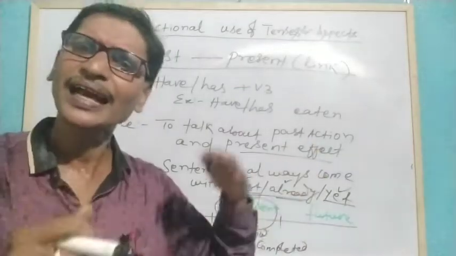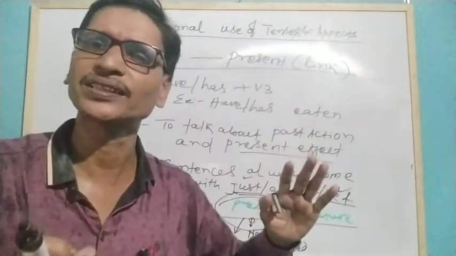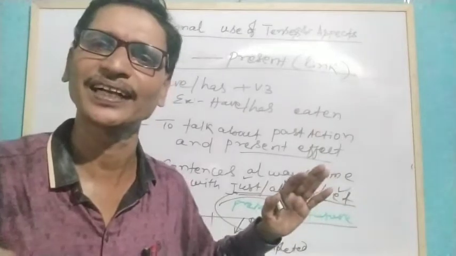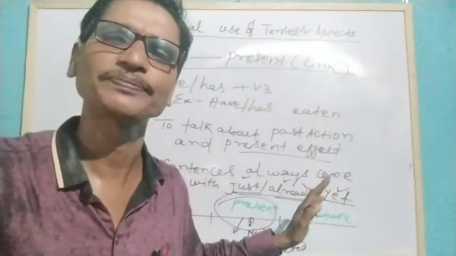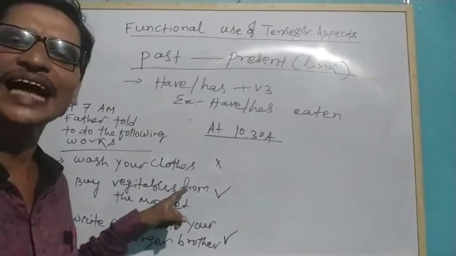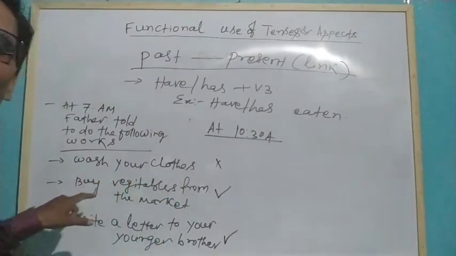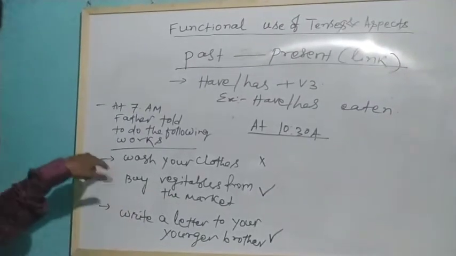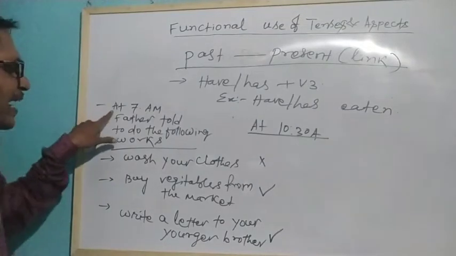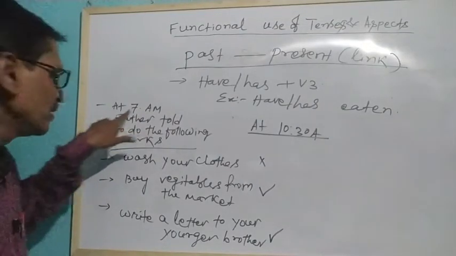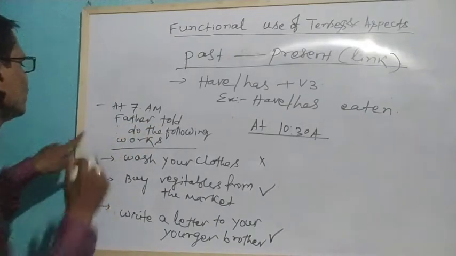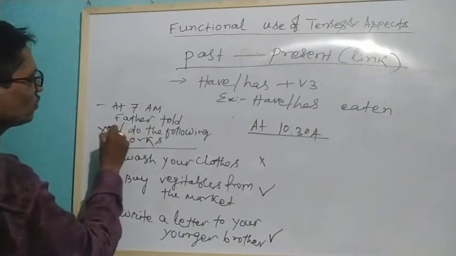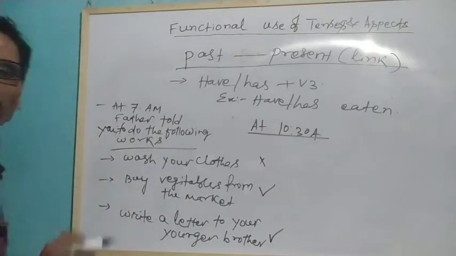Okay, let's have a grammatical construction for that so that you can better understand. Let me write something. Here you see, I have written some situations where we can use it. The example is given: at 7 a.m. today, your father told you to do the following works.